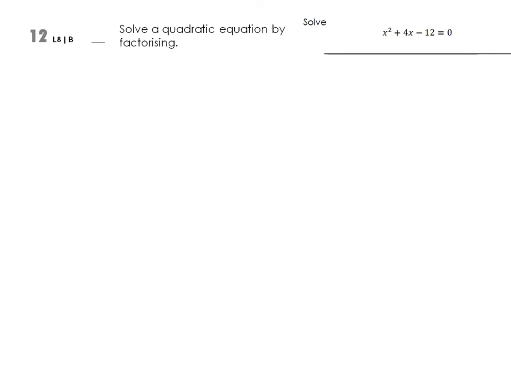So I'm going to start by writing out the equation again. And like we've been talking about, I'm going to factorize this, and I'm going to put the result of my factorizing it underneath. So we're working from the top to the bottom. We go down one line at a time.